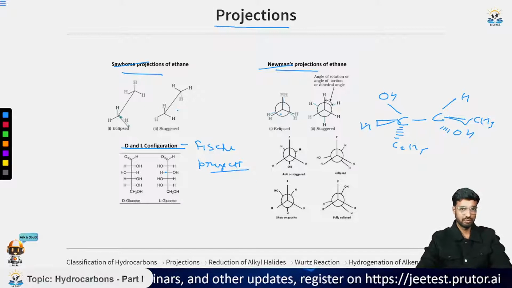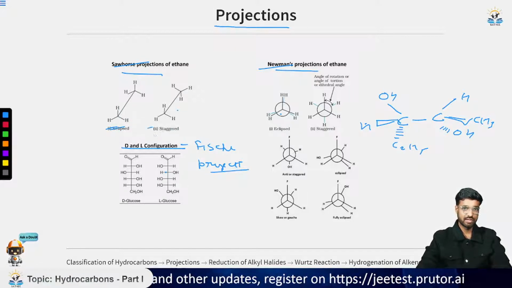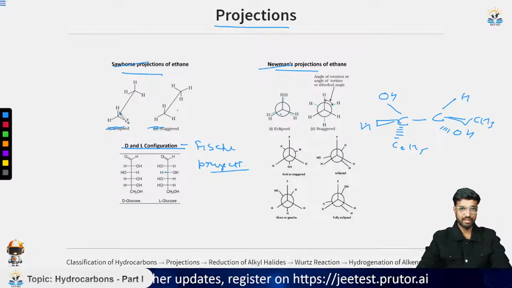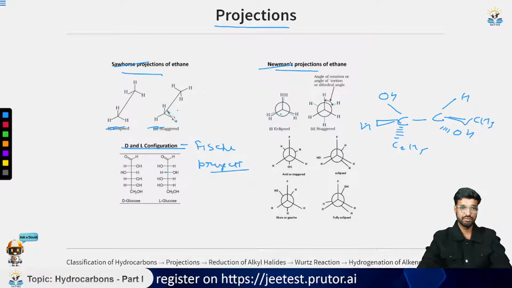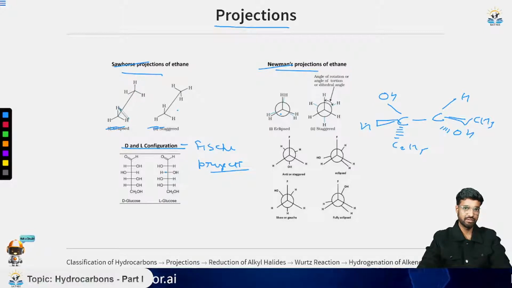So this is the eclipsed one. This is the staggered one. Why? Because this H is not in front of this one, so it is staggered. In the eclipsed one we have this H in front of this H, so it is kind of eclipsing. This hydrogen is eclipsing this one, this is eclipsing this one, and similarly this is eclipsing this one.